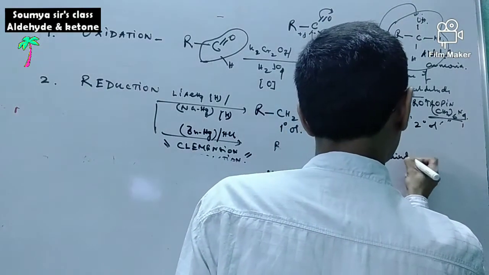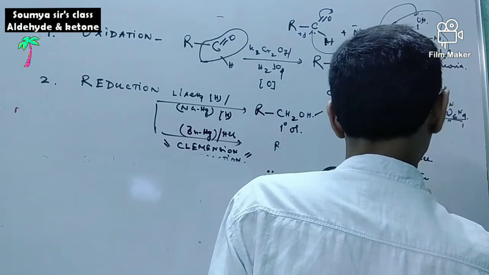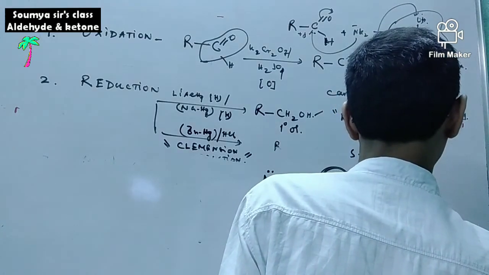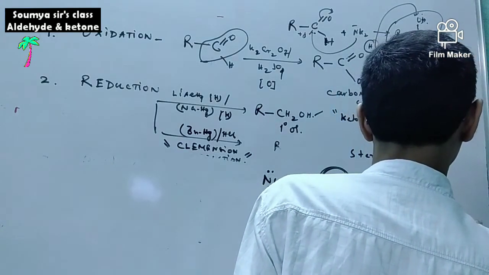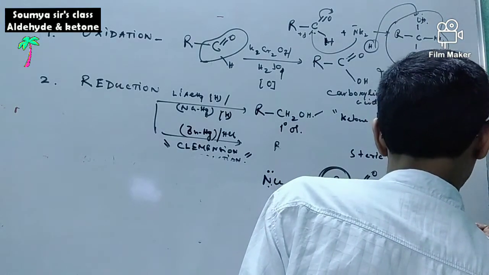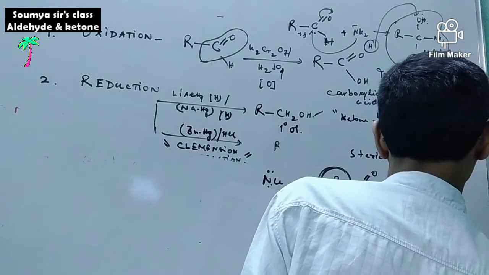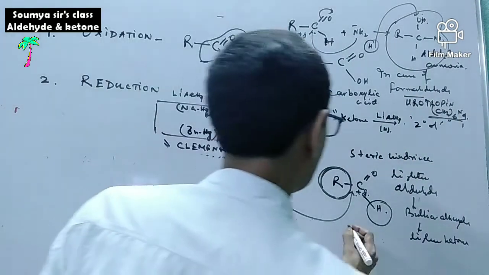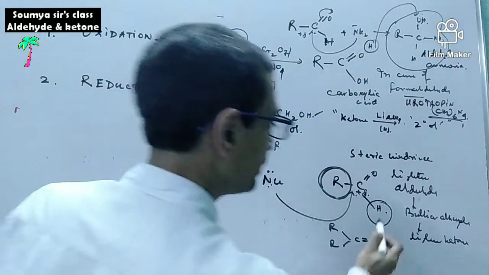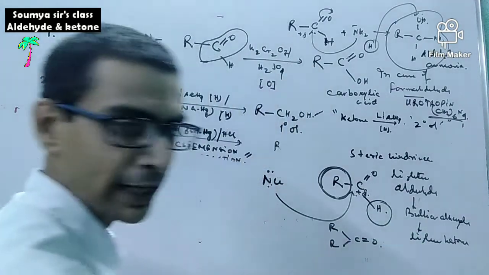So under this steric hindrance, lighter aldehyde comes first, then bulkier aldehyde, and then lighter ketone, where the ketone has 2 R groups. Remember, here there was a light group H. Here no light group H is present.